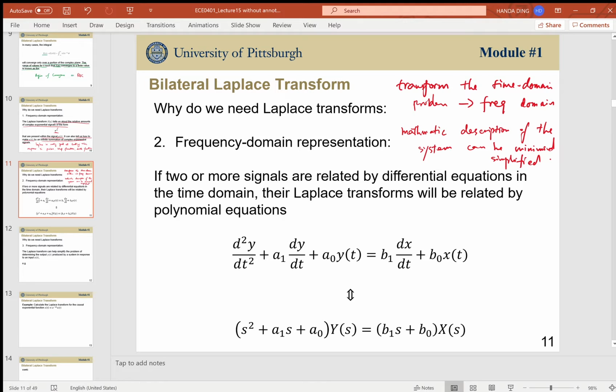So from this equation, you can see that we can really simplify the time domain to a Laplace domain, which is the frequency domain, related by the polynomial equations we have in here, right? It's just a constant here.